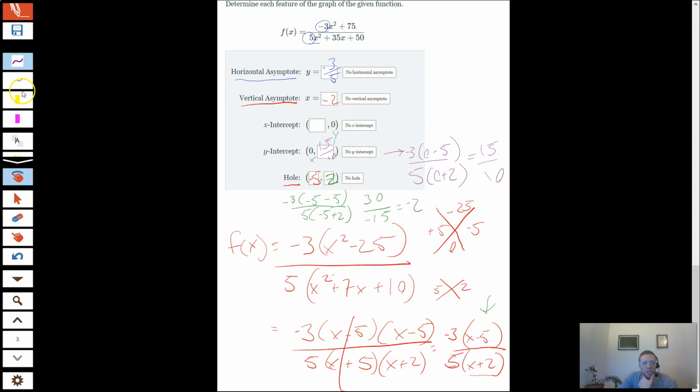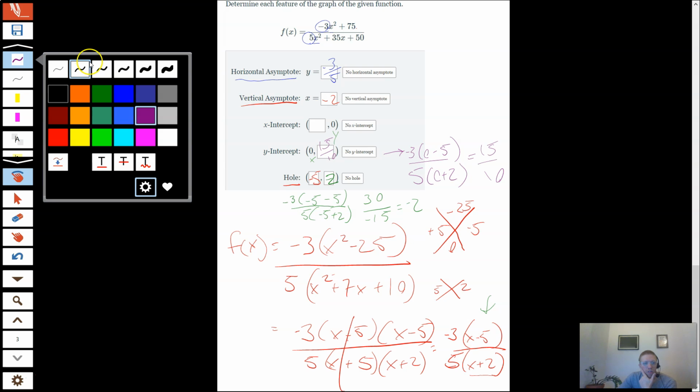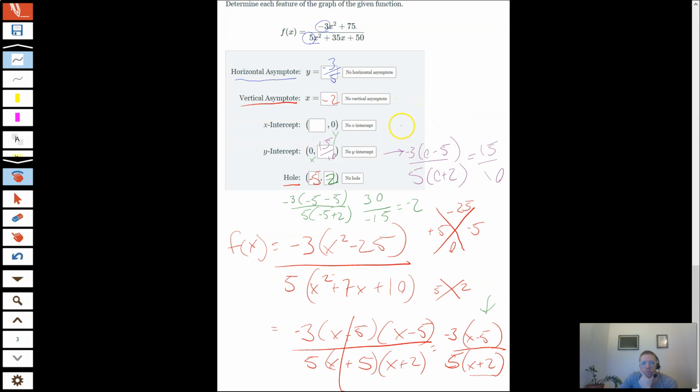And then our x-intercept, the algebra is a little bit uglier here, but it's the same thing. We're going to plug in 0 for y this time. So we'll say 0 equals negative 3 times x minus 5 over 5 times x plus 2. And what I can do is multiply the denominator on both sides.